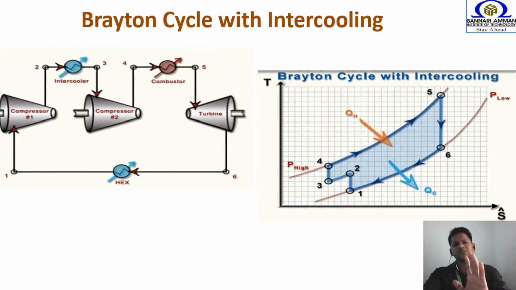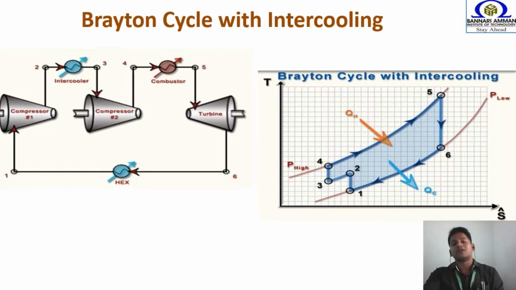As much as possible, it will remove the heat energy, thermal energy, available in the compressed air, just like a heat exchanger. So if we are able to remove as much as possible of the thermal energy available in the compressed air at the first stage of compression, the temperature of the compressed air at the first stage is decreased after passing through the intercooler.